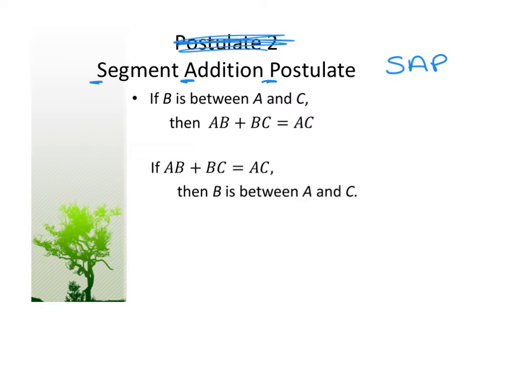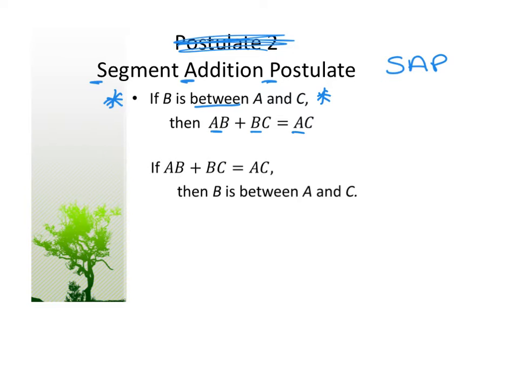So what the segment addition postulate states is that if B is between A and C, then AB plus BC equals AC. Now, this statement right here does not say that B is exactly in the middle. All it says is it's in between.